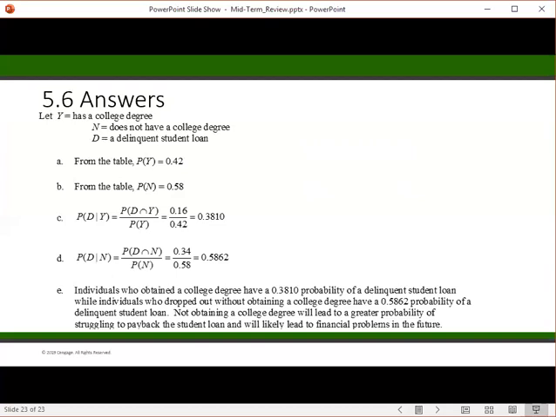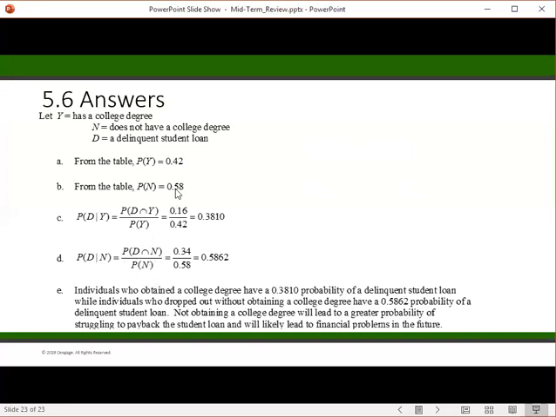Okay, for question D, given that a student has not received a college degree, what is the probability that a student has a delinquent loan? Well, in this case, the given is that they did not have a college degree. So that becomes our denominator in our equation. In other words, the conditional probability is going to equal the joint probability divided by the marginal probability of the given, in this case, given that they did not get a college degree.